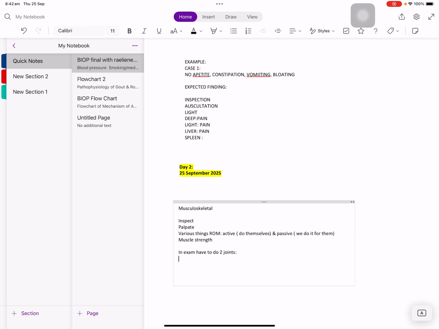Hopefully they give us the normal joint. What do you mean? Like normal joint, arm and legs and knees, neck.